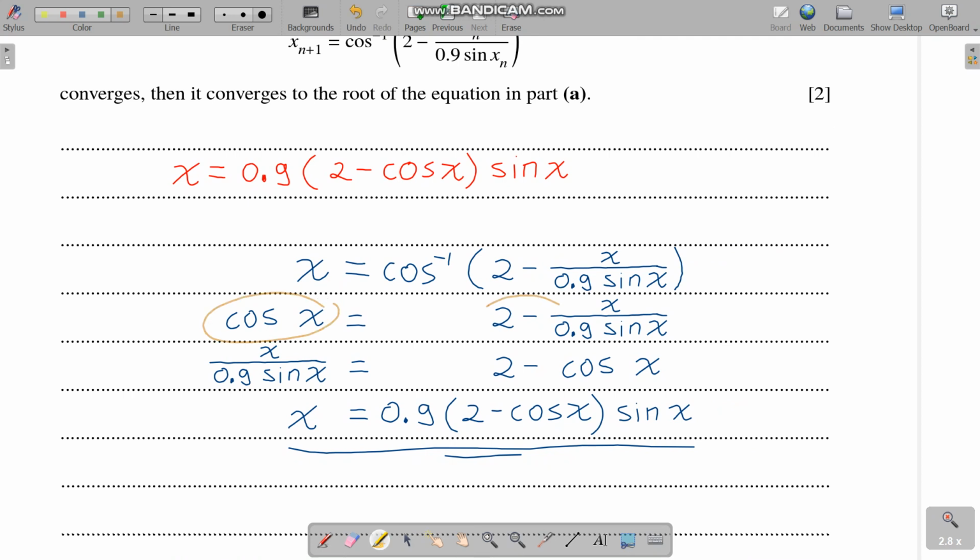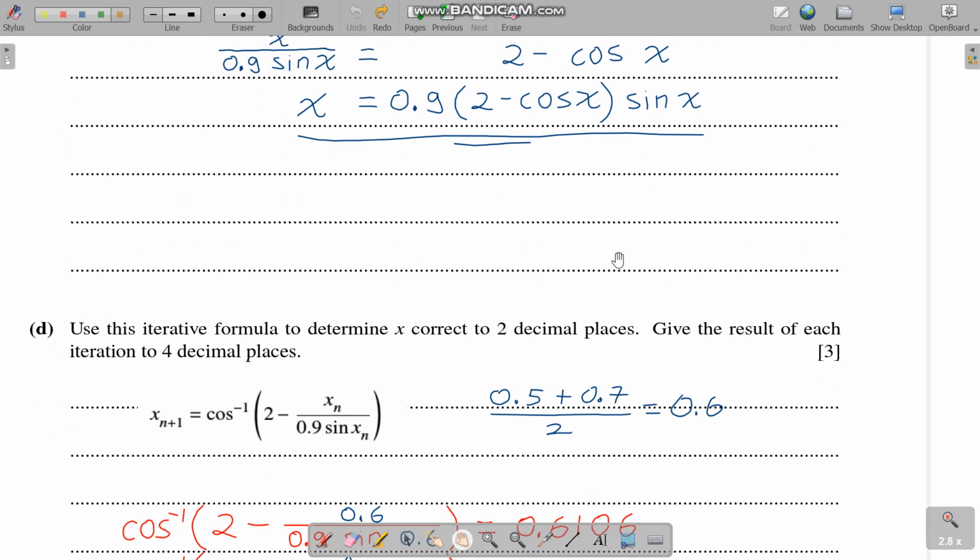We have cos x equals this expression, and then we add this term to both sides, subtract cos x from both sides, and then multiply both sides by 0.9 sine x, so we get 0.9 times this expression times sine x, which is what we need to prove.